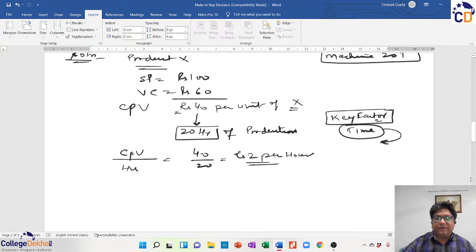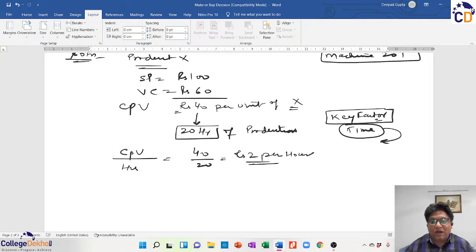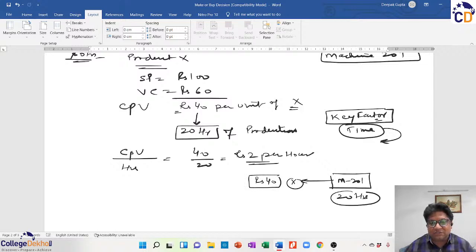So what is happening is that if you are creating product X on machine 201, then each unit of X gives ₹40 as contribution. But because 20 hours of the machine have been consumed by this X, this product is only giving ₹2 per hour.